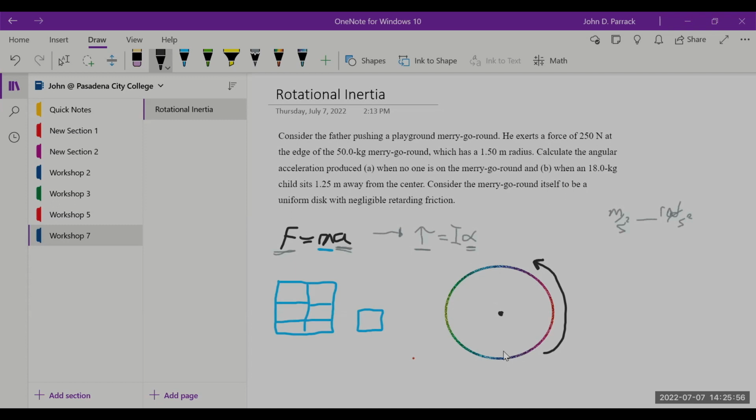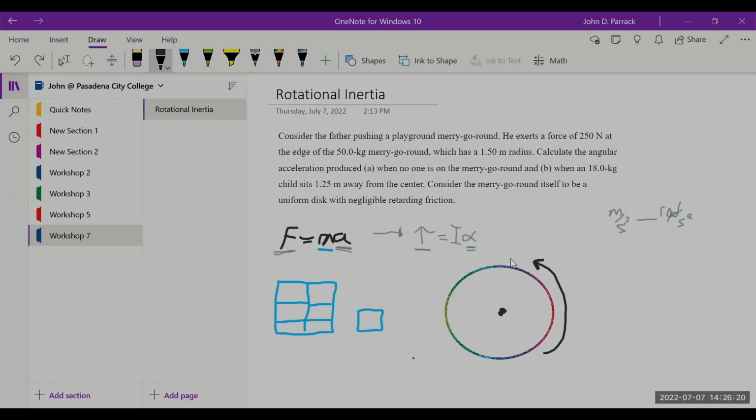So now, if we put a force onto one side of the merry-go-round, well, the merry-go-round doesn't translate, right? It doesn't just start sliding across the ground because it's pinned to the ground. It's pinned to the ground by this central axis right here, and it can rotate about that axis freely with negligible resistance, but it's not free to be translated.